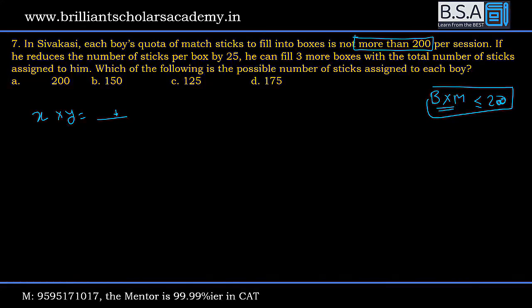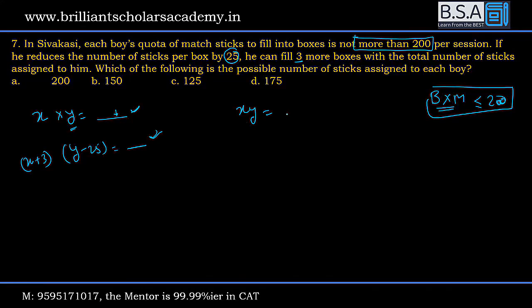We are being told if I decrease 25 sticks in a box, I would be able to fill 3 more boxes. So we are saying this number and this number are the same. Now, how do you go about solving this?